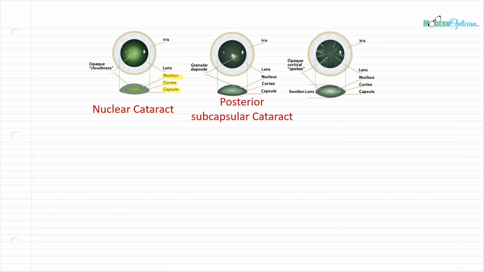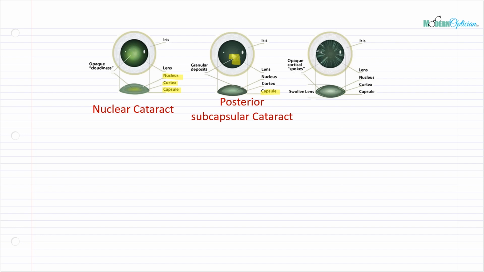Posterior subcapsular cataract is one that's discussed a little bit less, but that's basically where there's an opacification that happens on the capsule, often at the backside of the capsule, almost like a little stain. And that can also be detrimental to vision depending on the location. In this particular image, it's pretty close to the visual axis, so this would be visually significant.